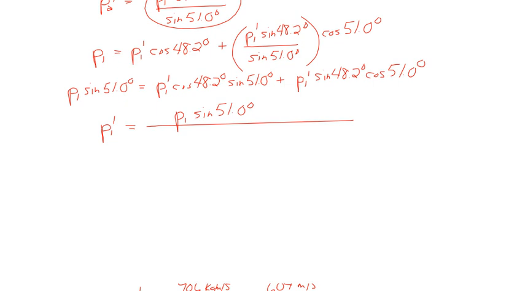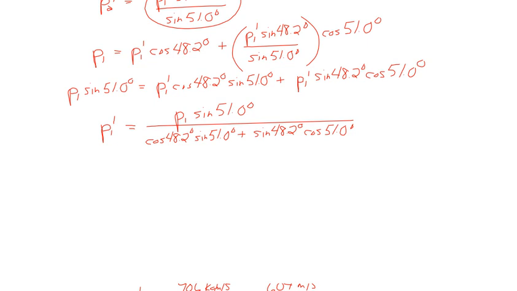So divided by the cosine of 48.2 degrees sine of 51 degrees plus sine of 48.2 degrees cosine of 51 degrees.